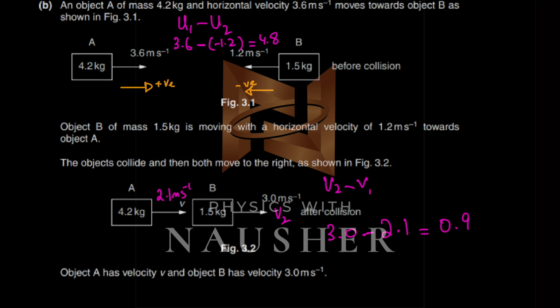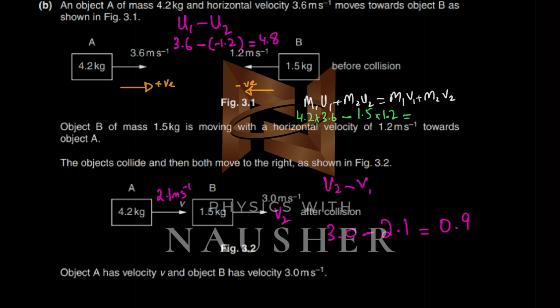So if you apply the law of conservation of momentum over here, let's find v. m1 u1 plus m2 u2 equals m1 v1 plus m2 v2. Firstly, these two are moving in opposite directions, right? And I've taken the right direction to be positive. So 4.2 into 3.6, this is positive, minus 1.5 into 1.2, because 1.5 is the mass of object B, equals to. Now, when you go to the other side, both are moving right.